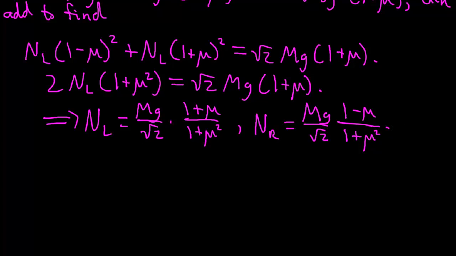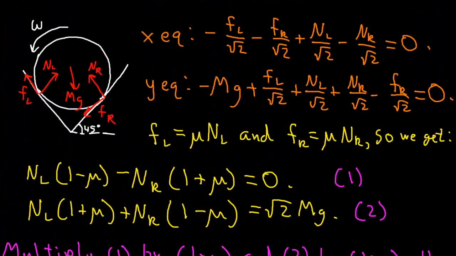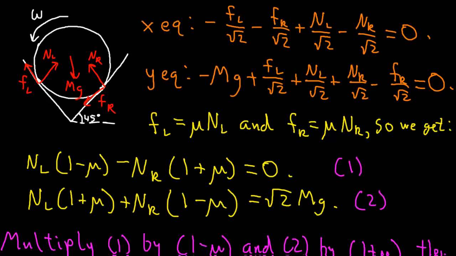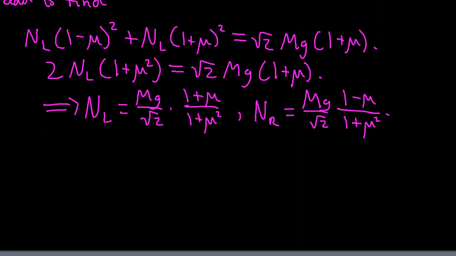We found these two normal forces, which I remind you are related to the friction forces that we're interested in because they generate the torque that we're trying to oppose. So now all we need to do is notice that the total torque is given by the radius times F sub L plus the radius times F sub R, since they both torque in the same direction. So let me just write that down here.